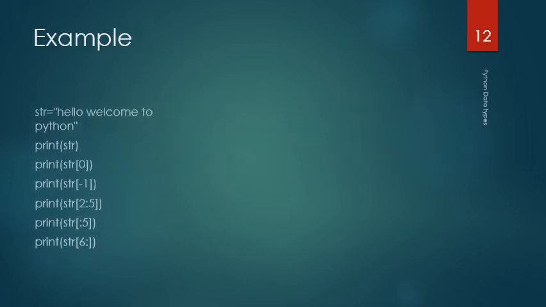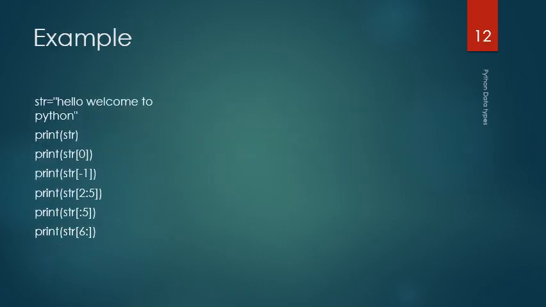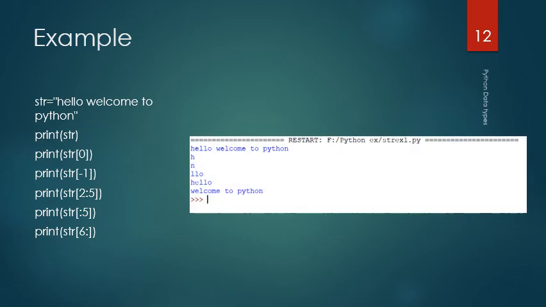An example for strings is given here. Here str is a string variable which is assigned the value hello welcome to Python, and print str will print the entire string. Print str[0] will print the first character h.